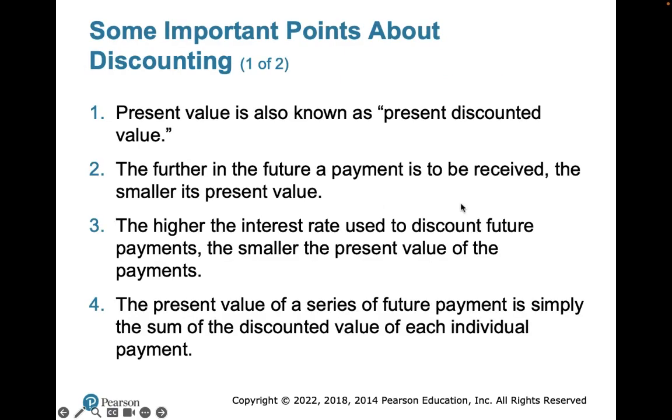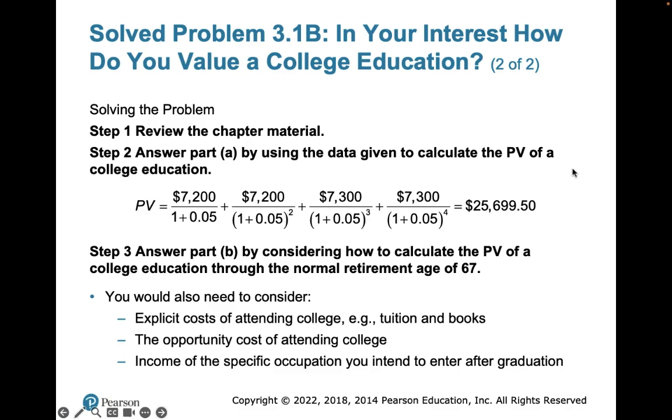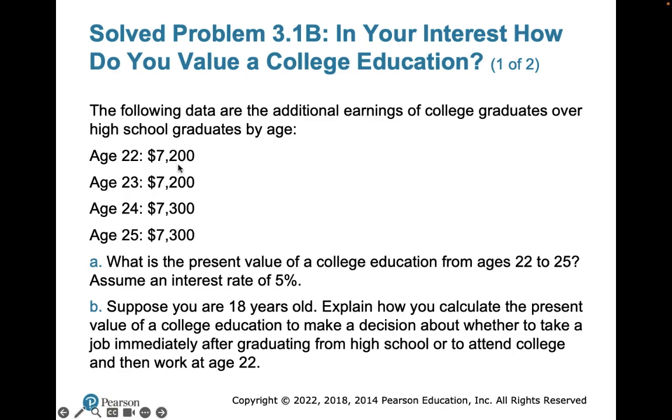They ask for 5 years, isn't it? So we're going to do this: 1, 2, 3, 4. This is the present value. This is it for 7,200 from ages 22 to 25, so it's the same, right? What is the present value of the college education from ages 22 to 25?